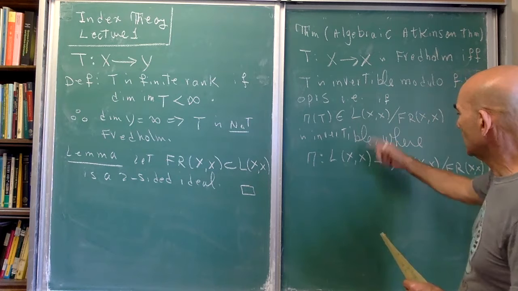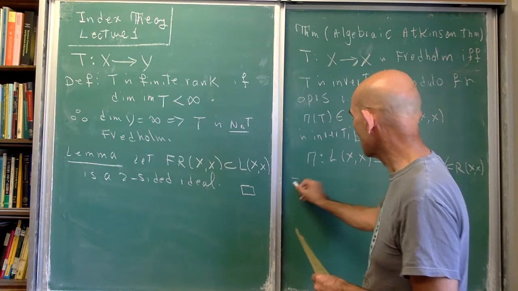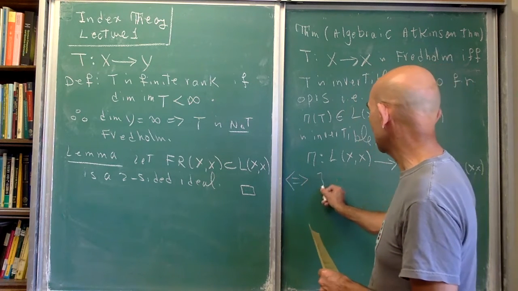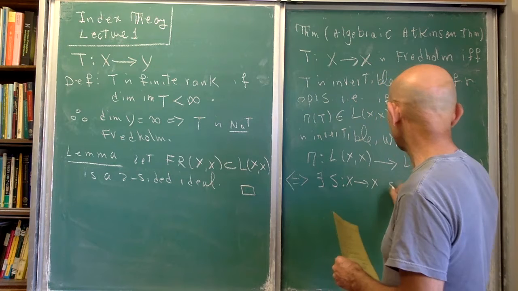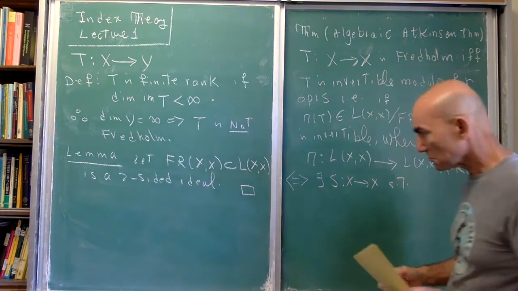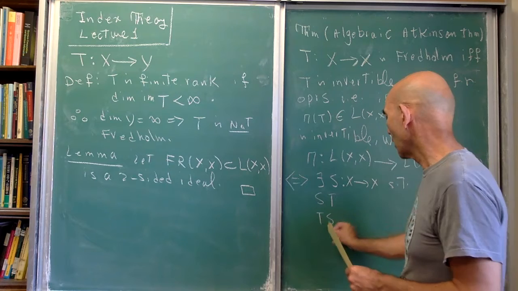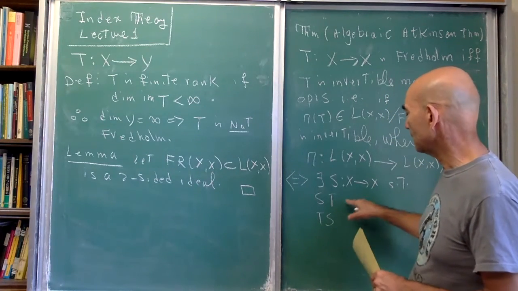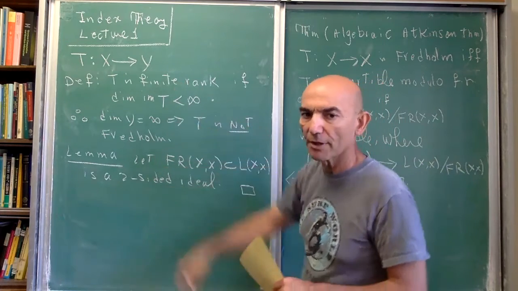Of course, now this is equivalent to saying that there exists an operator S, again from X to X, such that ST and TS are not the identity, but the difference to 1 is almost 0 in the sense that they are finite rank operators.